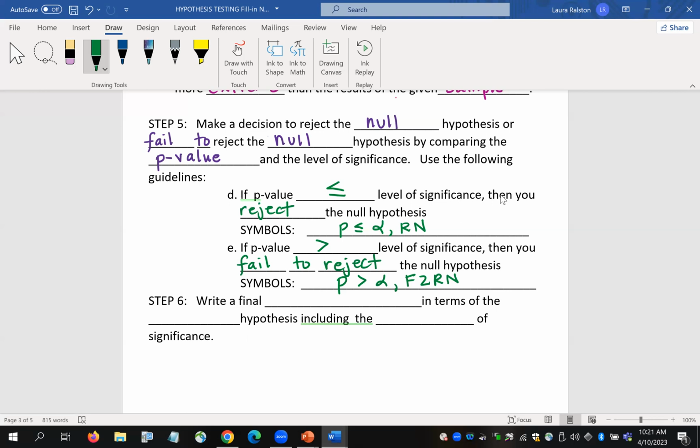It's guilty or not guilty. It's the same idea with hypothesis testing. We're either going to reject the null because the evidence convinced us that it was wrong, or we're going to fail to reject the null because the evidence did not convince us that it was wrong. But if I had more evidence or different evidence, we could get a different conclusion. Never, ever say that you accept the null hypothesis. Your options are to reject or fail to reject.